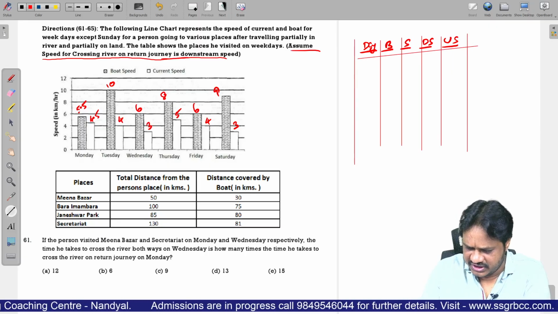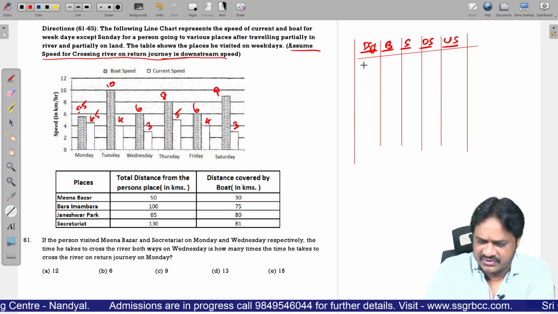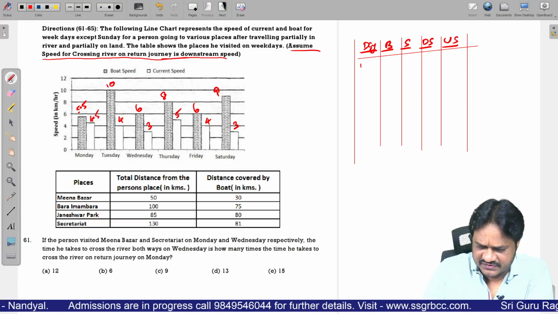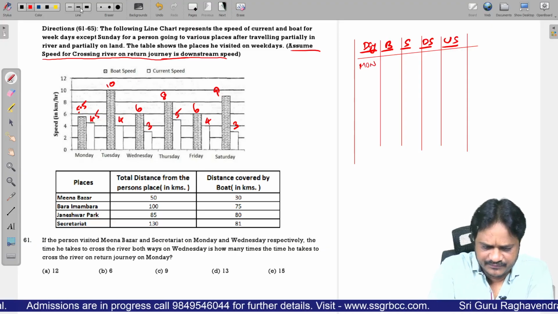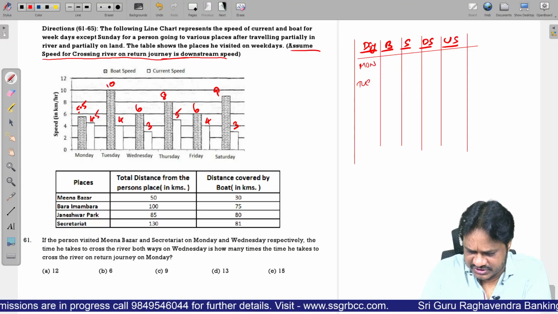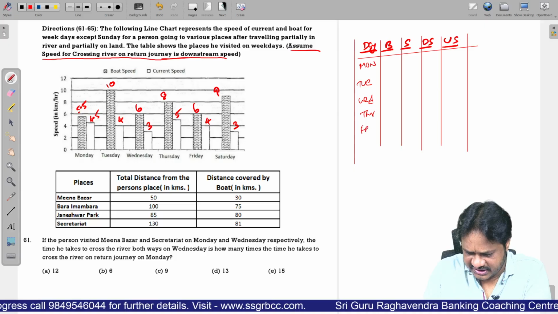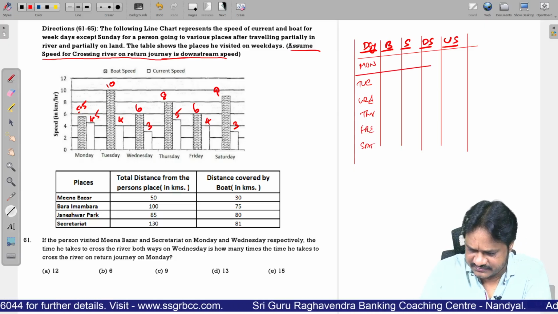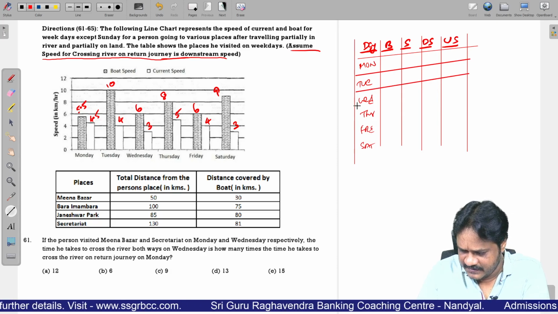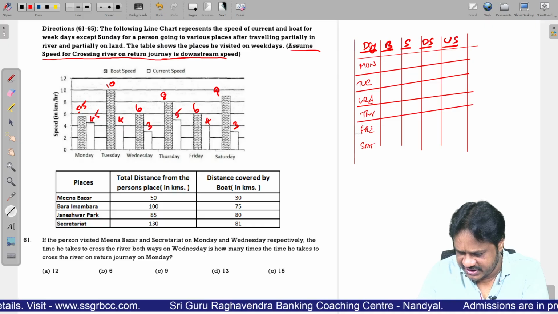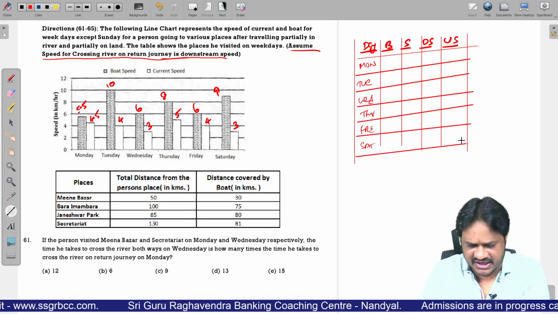Below the days, you write down the days from Monday, then Tuesday, Wednesday, Thursday, Friday and Saturday. These are the days.